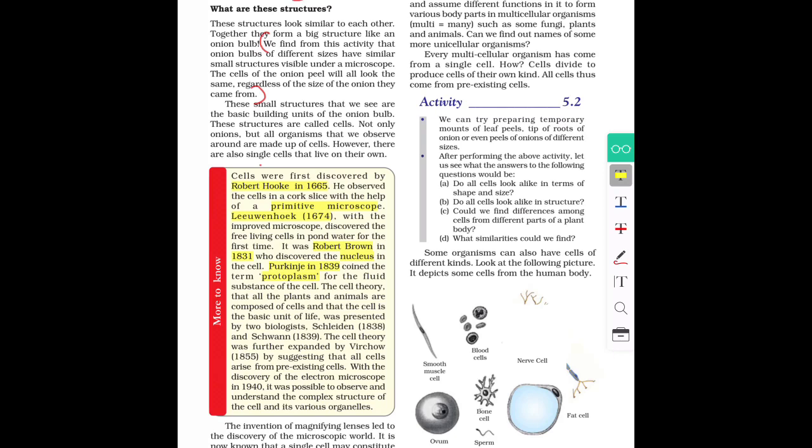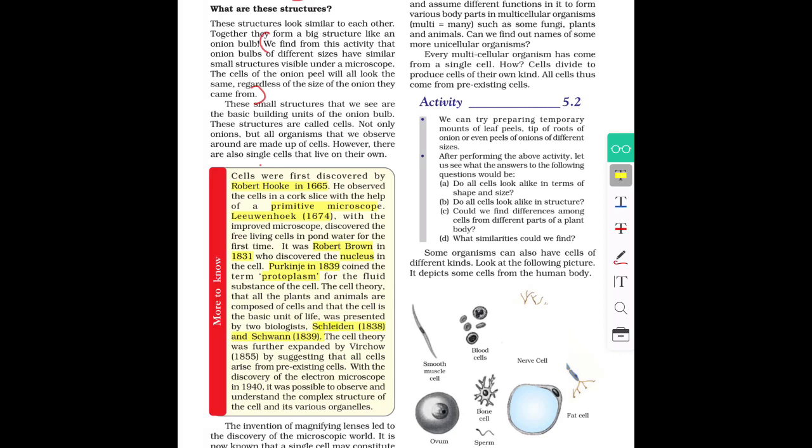The cell theory, that plants and animals are composed of cells, and the cell is the basic unit of life, was presented by two scientists, Schleiden and Schwann. The cell theory was further expanded by Virchow in 1855 by suggesting that all cells arise from pre-existing cells.